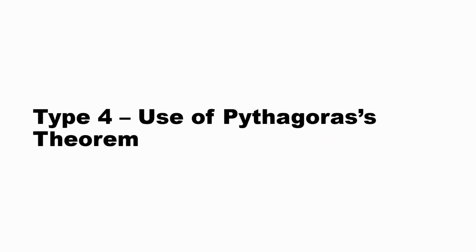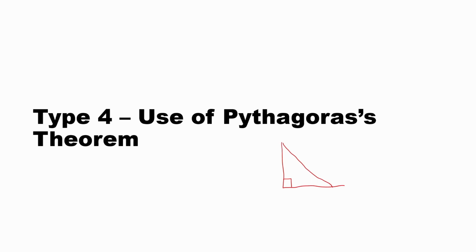Type 4 is another special kind where we use Pythagoras' theorem. If you can remember, Pythagoras' theorem requires a right angle triangle, and it says that the square of the hypotenuse is the sum of the squares of the other two sides.